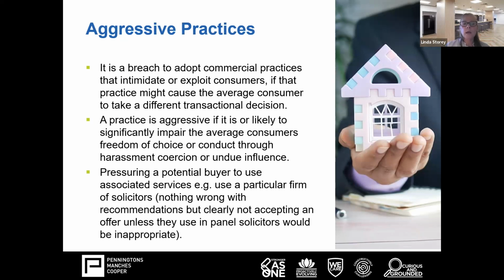Now, I've put there, obviously, it's good practice and can really be helpful for purchasers to have lists of recommended purchaser solicitors where they can access services. Absolutely nothing wrong with that. But obviously, to force a purchaser to choose a particular firm would clearly not be appropriate and could potentially be a breach.